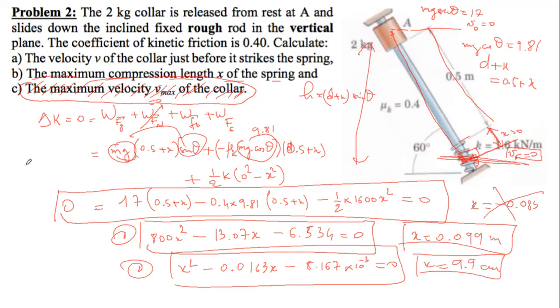Maximum velocity will happen when the acceleration is 0. The acceleration is the derivative of velocity with respect to time, so velocity will be max when the acceleration is 0. You can write it down if you want, find the position that gives you that, and then calculate the velocity. So we don't need it.